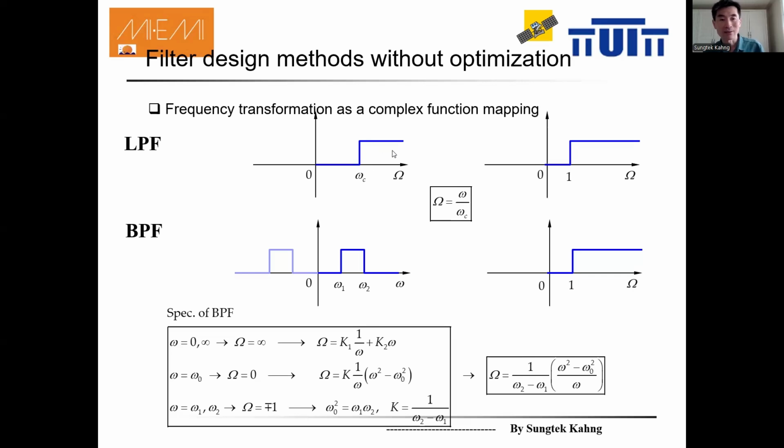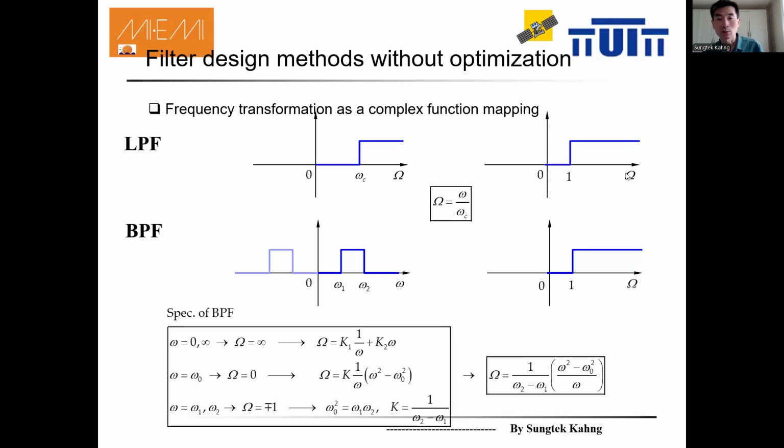If you want to have a bandpass filter or bandstop filter, first you should check your low pass filter prototype. Omega over omega C, where omega C is the cutoff frequency of the low pass filter. In the normalized frequency, omega C becomes one, right? Like this.